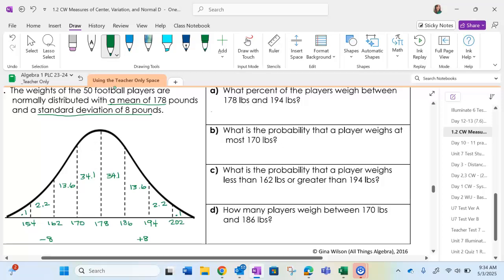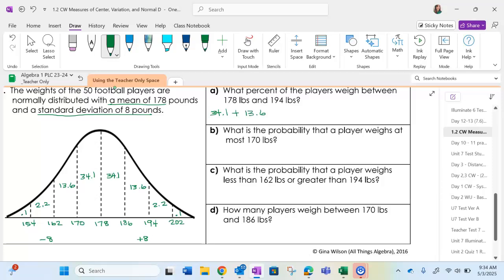So I'm going to add 34.1 plus 13.6, and I get 47.7%, because these are percents that I'm adding up. Okay? All right, not too bad.